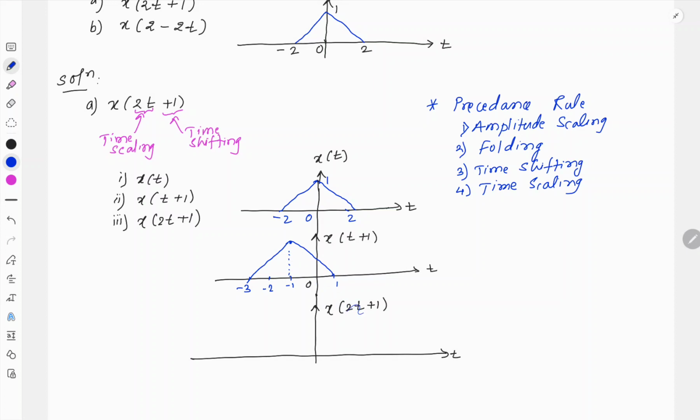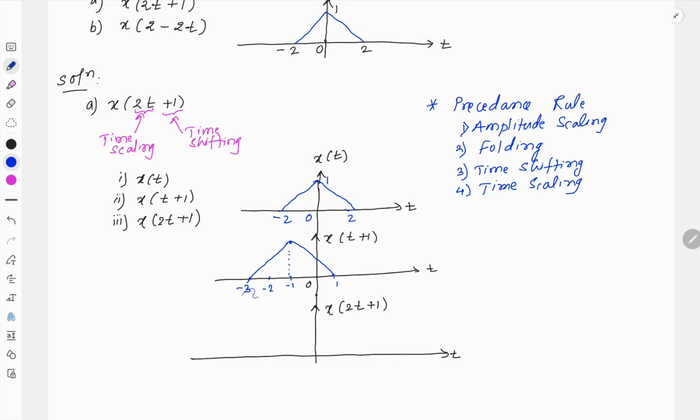Now see, whenever we have a factor 2 multiplied with time, this factor is greater than 1, hence the signal will undergo compression. Since 2 is multiplied by time, you are going to divide every coordinate of this signal, that is -3, -1 and 1, by 2.